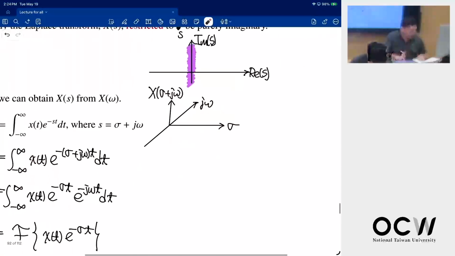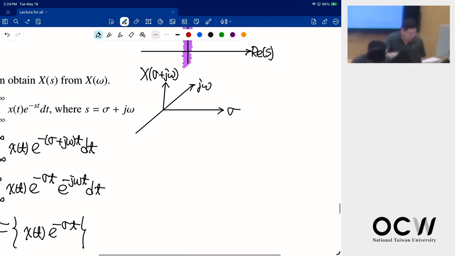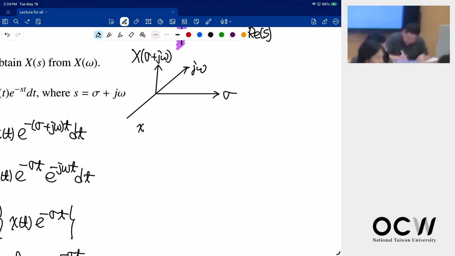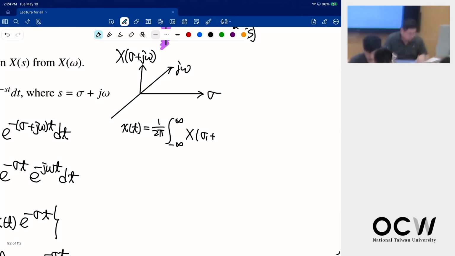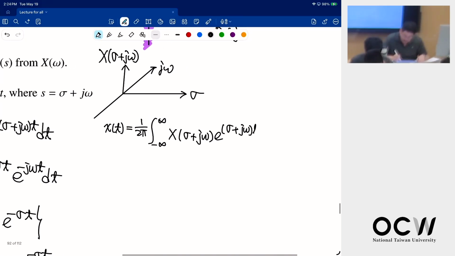We know for the Laplace transform, it is 1 over 2 pi, suppose we have sigma plus j omega, e to the sigma plus j omega t, d omega.